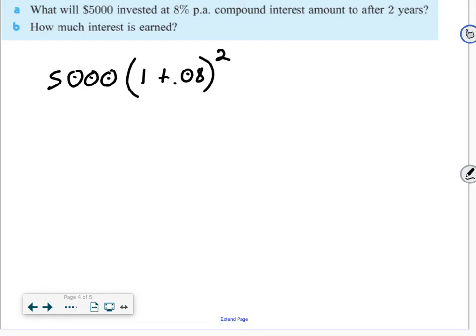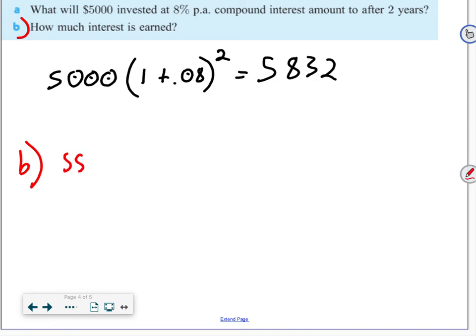Using a calculator, I'm going to type that in, and we're going to see that our future value after 2 years is 5,832.